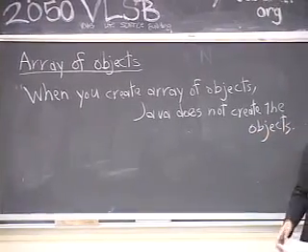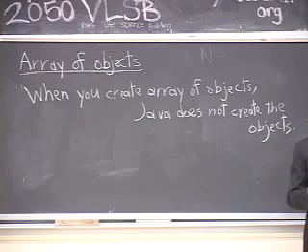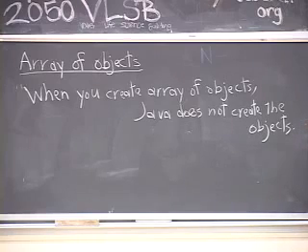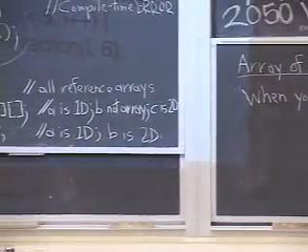So you have to write a loop that walks through the array and constructs the new objects one by one. And just to be totally clear, I'm going to show you the code for that.